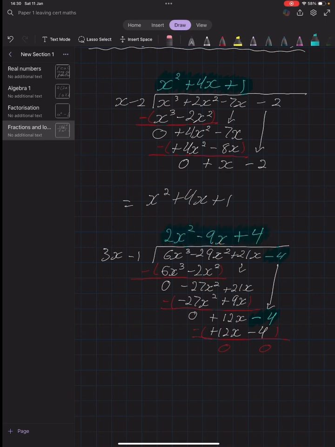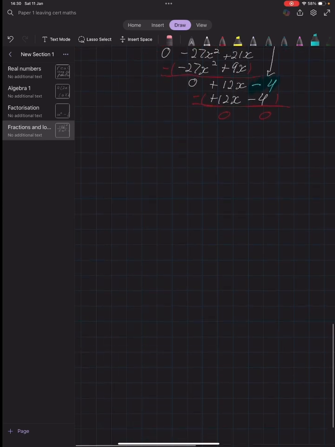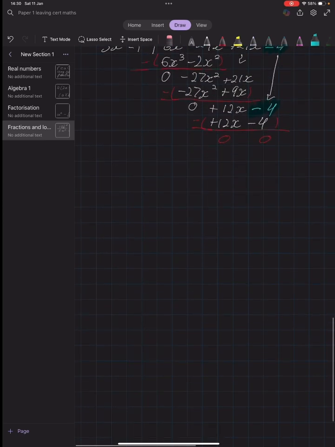Okay, now that we've done that, another thing that I would like to do, I'll just do one of the other method. This is the method of identities. Okay, so you could have something like this.